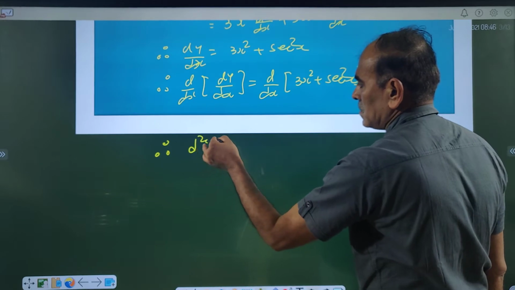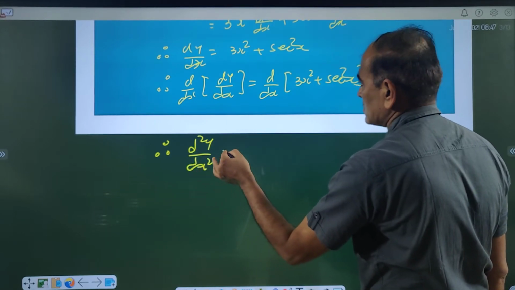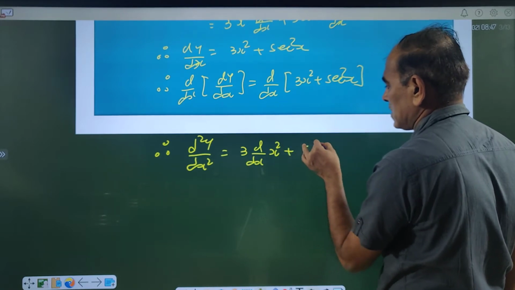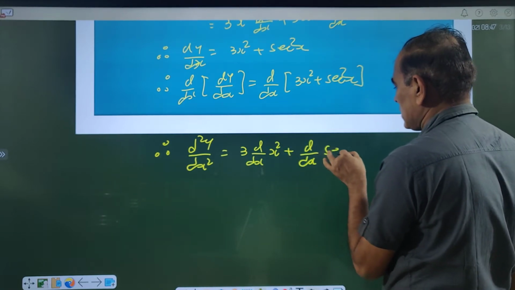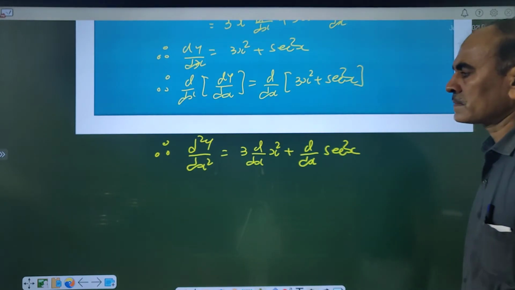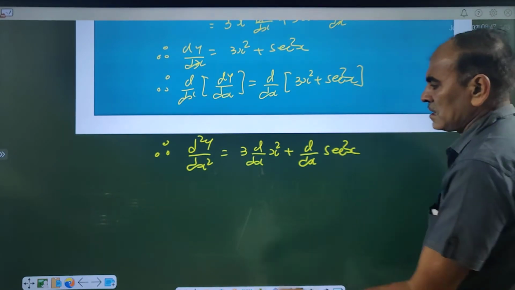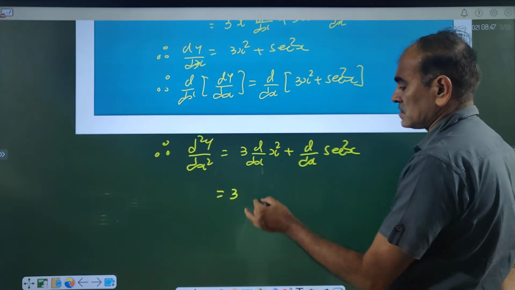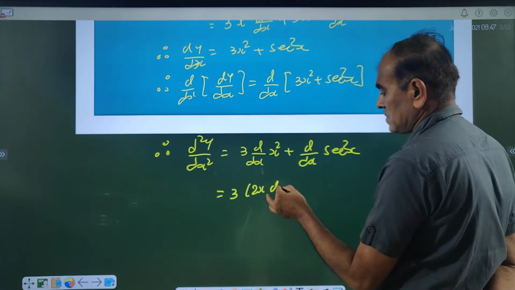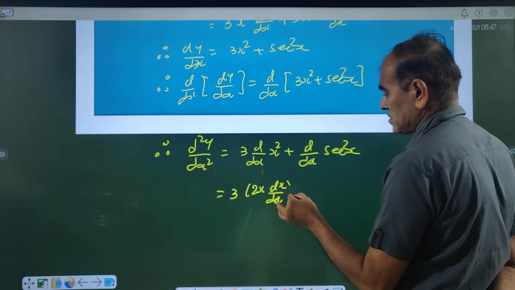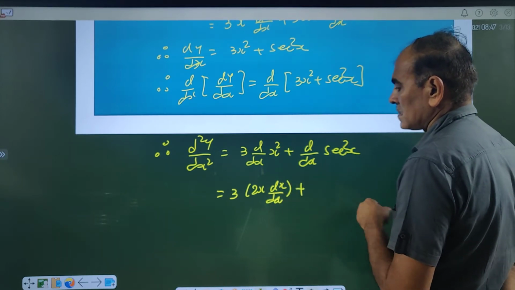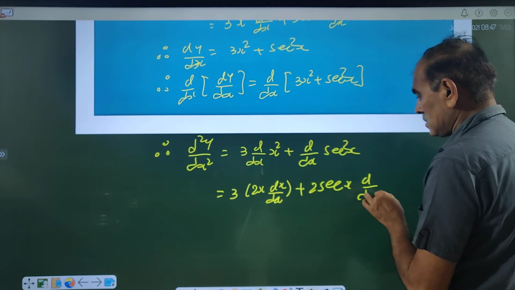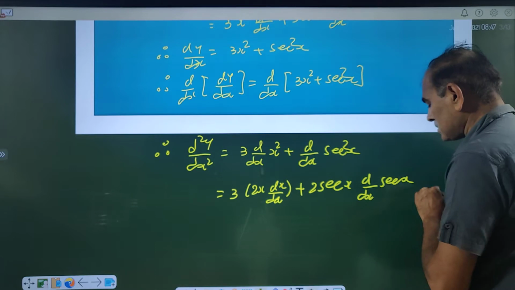And therefore d2y by dx square is equal to 3 times d by dx of x square plus d by dx of 10. That is equal to 3 d by dx of something square, 2 times something into d by dx of something.